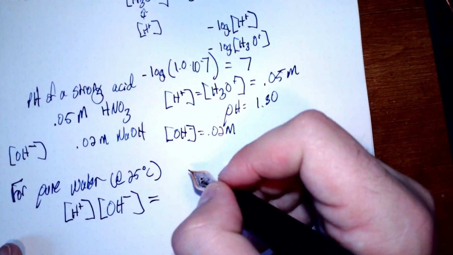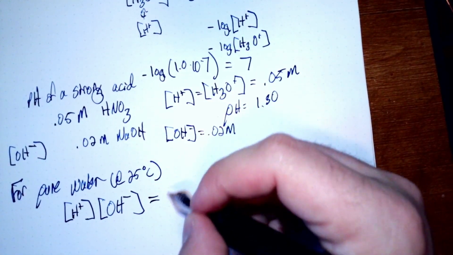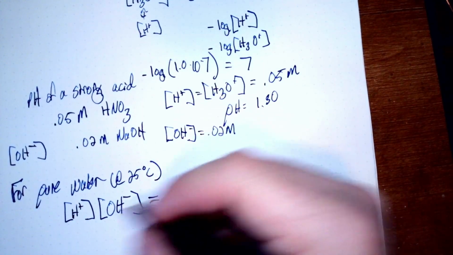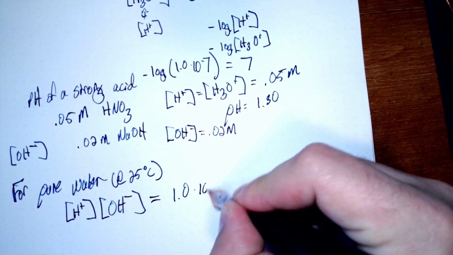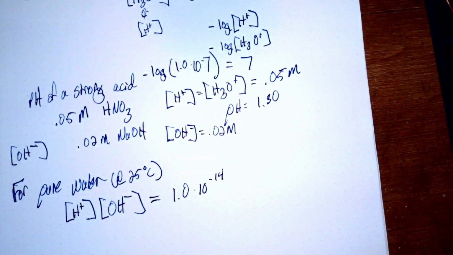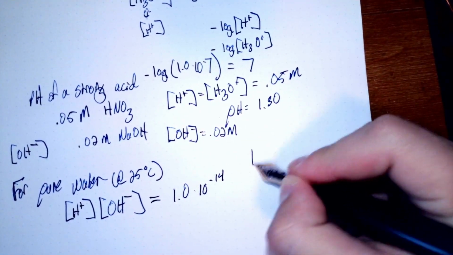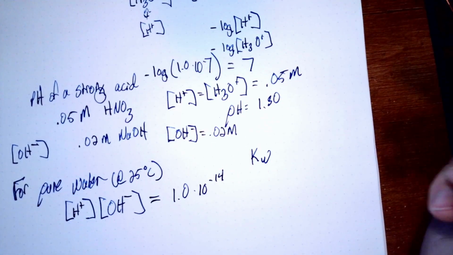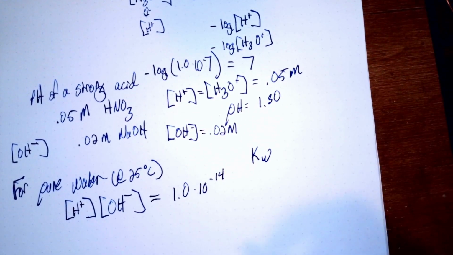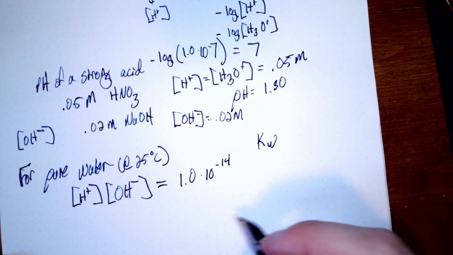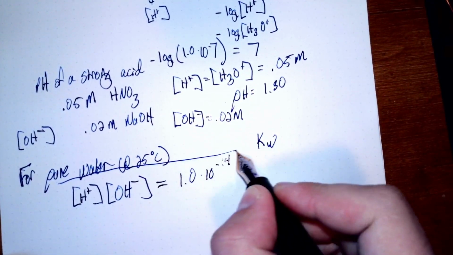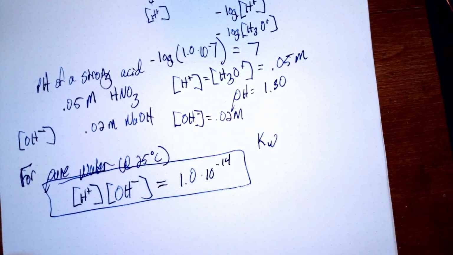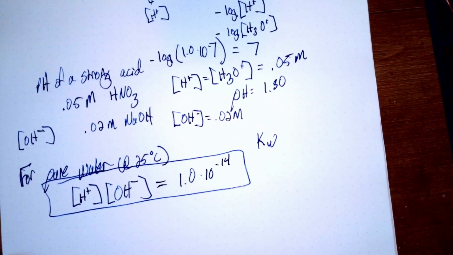This value will actually be larger at higher temperatures, smaller at lower temperatures. But if we multiply these two together, we get a value of 1.0 times 10 to the minus 14. By the way, we call that value Kw, the autodissociation constant of water.